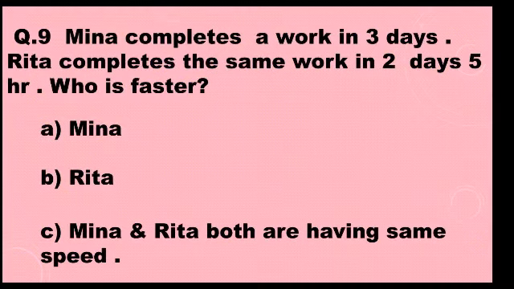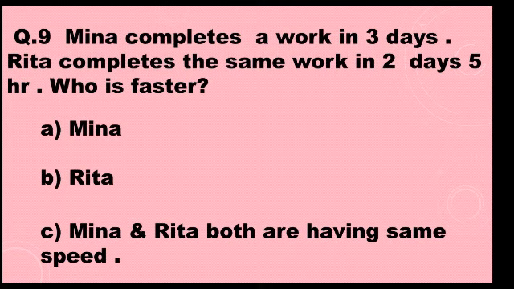Question number 9 is a very interesting question. First of all, let me read the question. Meena completes a work in 3 days and Rita completes the same work in 2 days 5 hours. So who is faster? Who will take less time to complete the work? First of all, you need to check the time of work and convert it into the same unit.